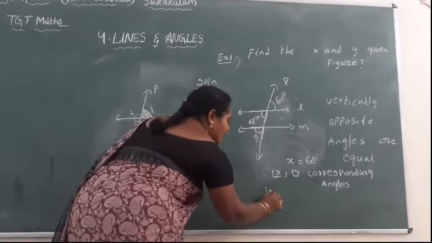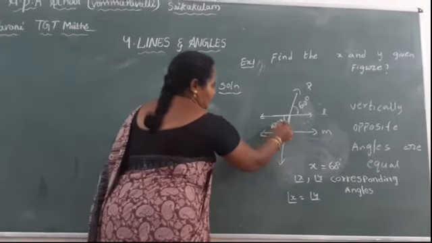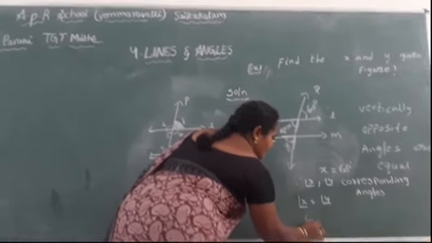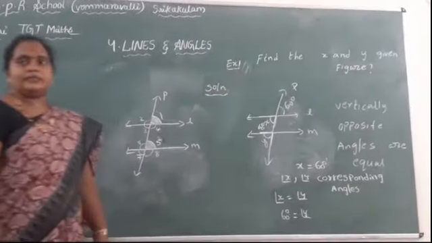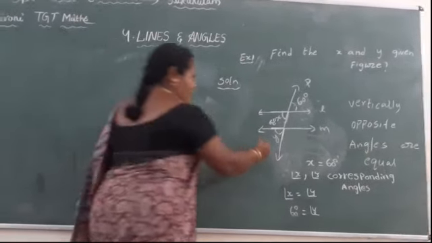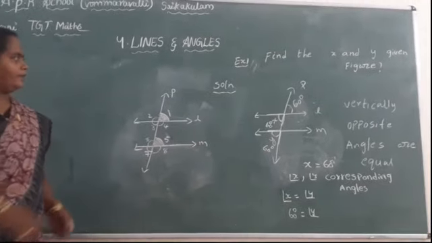Then angle x is equal to angle y. Therefore, angle x is 60 degrees, angle y also 60 degrees. We solved it. Okay.